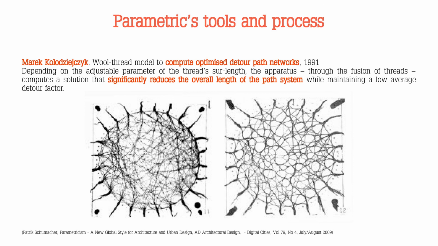In this case, the natural system automatically generates a connection, a solution that reduces the overall length of the path system while maintaining a low average detour factor.